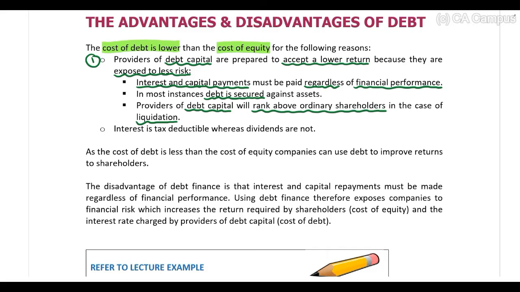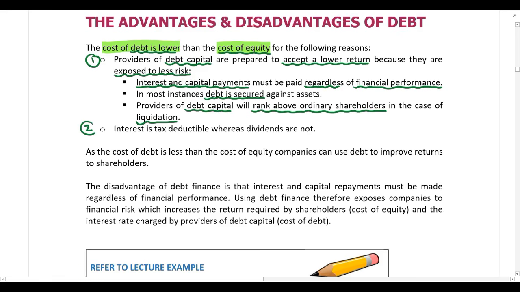So you can see, obviously, equity providers or shareholders are exposed to much higher risk than debt providers. So shareholders are going to expect a higher return on their investment, and the cost of equity will be higher than the cost of debt. Debt providers will be prepared to accept a lower return because they are exposed to less risk. So all of those things make debt cheaper than equity.